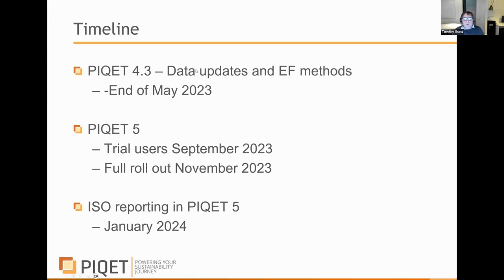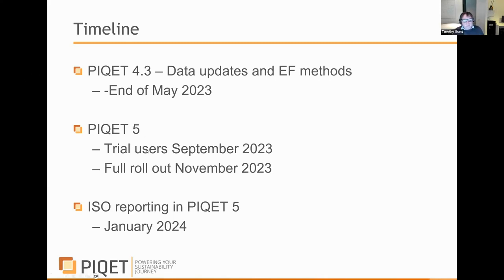What we always do before a major data update is we will move the existing version of PK across to a separate website, separate server, so you can still get access to your old data to see how it was if you've got a project that you're finishing off, or you're confused about your new results and want to check it against the old results. So we'll do that. So that should all happen before the end of May.